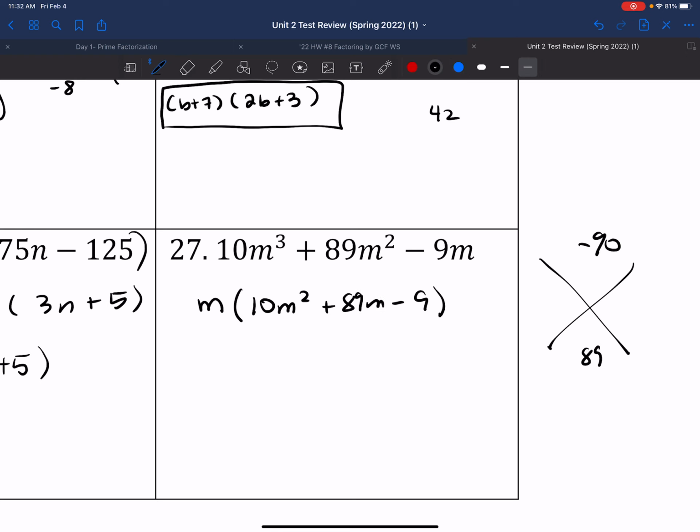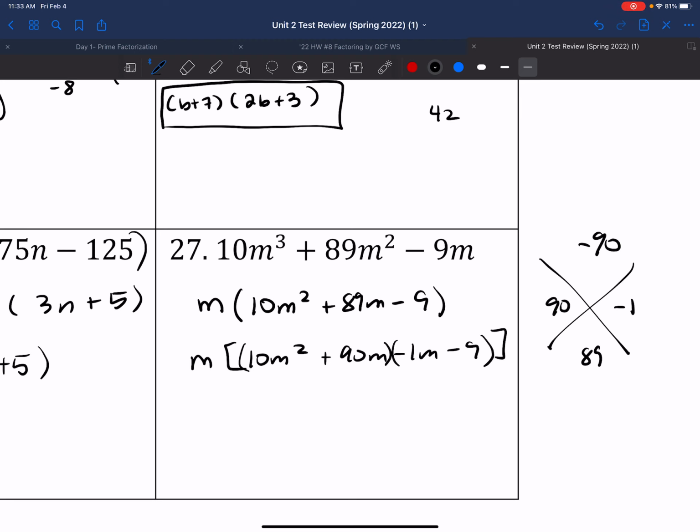m. So then this is going to give me 90 times negative 1. So m times 10m squared plus 90m minus 1m minus 9. And I'm going to go ahead and group these.